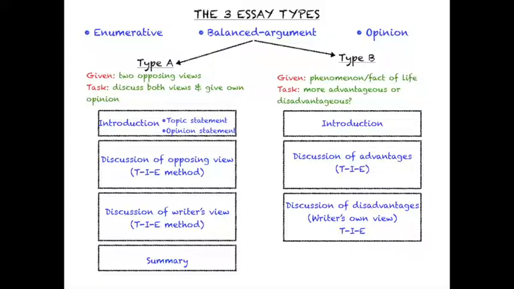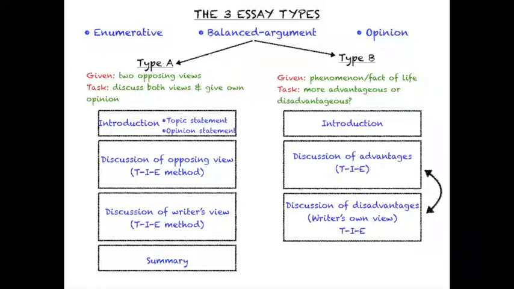Now, emphasize, before you move on to the summary paragraph here, that whenever they have type B, balanced argument essay, the order of the ideas can be reversed. So for example, if they find that the situation is more advantageous, then naturally what they write in paragraph 2 would first be the disadvantages, and in the third, the advantages.